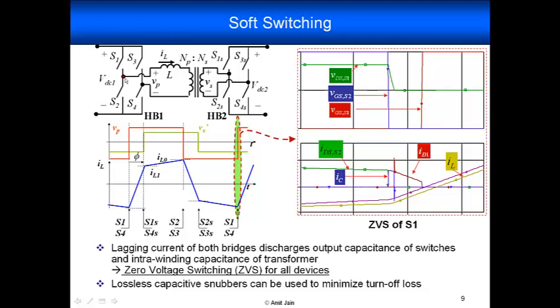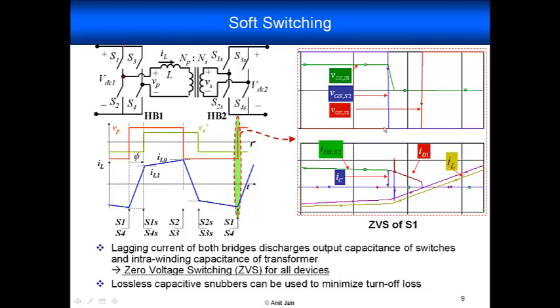Once this node reaches VDC1 and the voltage across this switch goes to 0, then this inductor current, which is negative out of the bridge, starts flowing in the anti-parallel diode of S1. That's the current you see here. This is ID1. So once VDS S1 goes to 0, the current from the capacitance transfers to the diode, and while it's still flowing in the diode, we turn on S1.